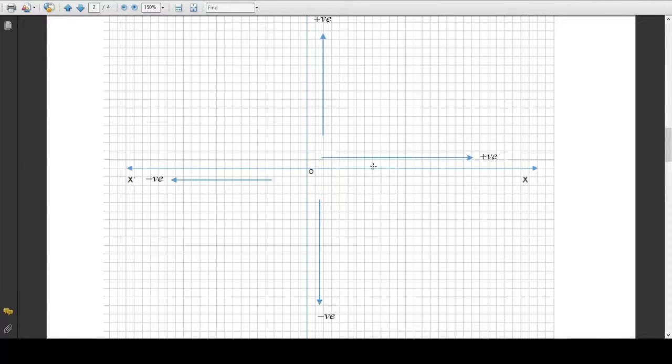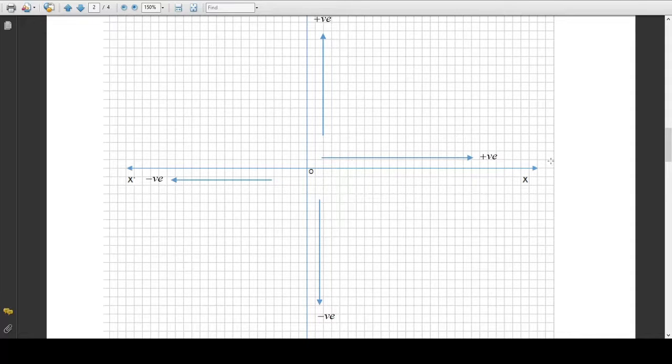That means positive is on the right side and the up side of the origin. Negative is when you move to the left of the origin or down from the origin. Here negative, negative; here positive, here also positive.